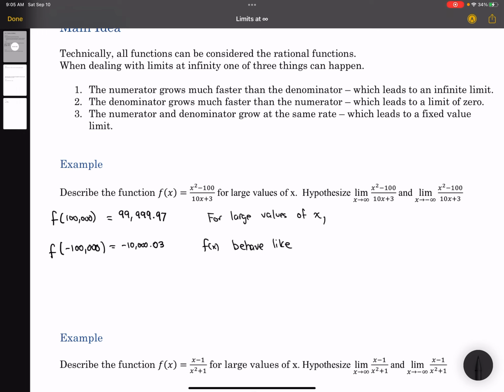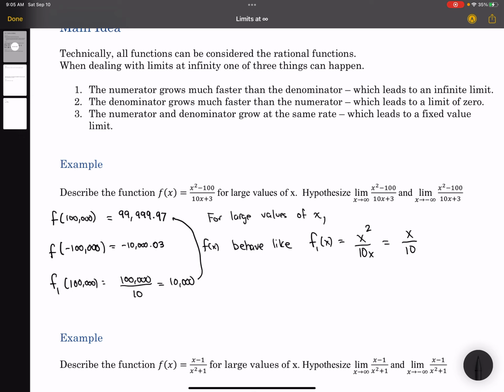It's going to behave like, and we'll give it a subscript, f1 of x, just x squared divided by 10x, which of course we can divide 1x away and get x divided by 10. Now that makes sense, because if we substitute 100,000 into this other function, f1 of 100,000, that's just 100,000 divided by 10, which is 10,000.